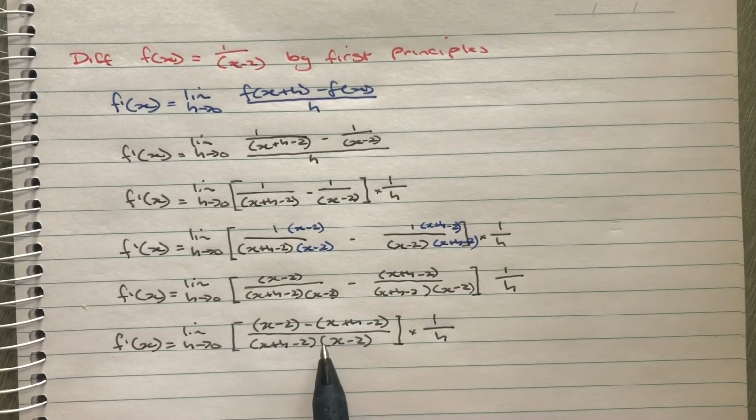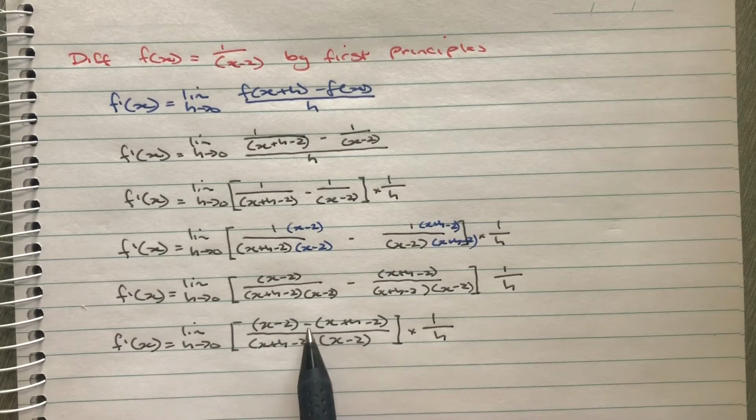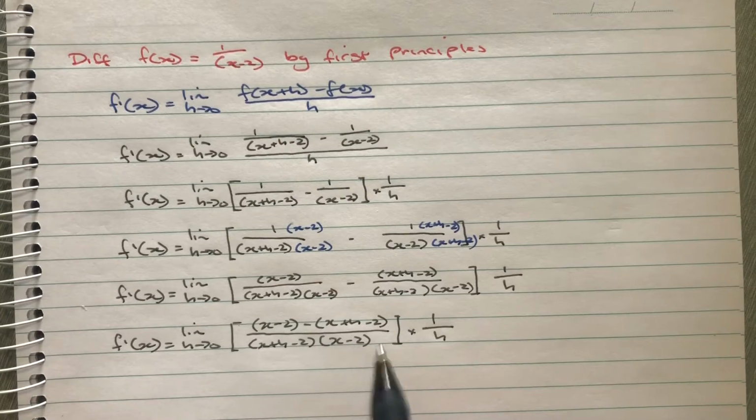Alright, so we've combined those fractions together, but now we're going to be able to combine all these like terms up the top. So in this next step, I'm going to expand out these brackets here.